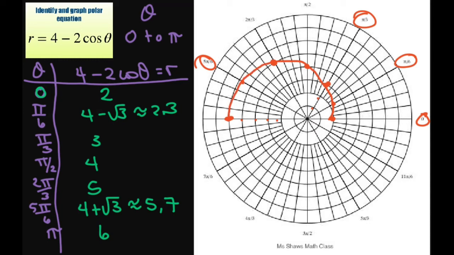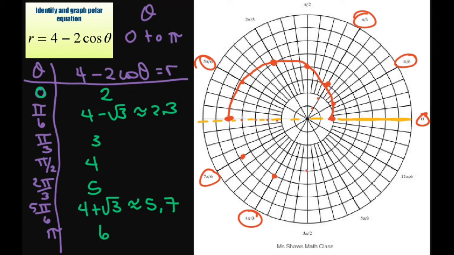Now we know it's symmetric to our polar axis here. So we can just swing it back around, and I'm working backwards. So here we're going to go to 5.7. So very close in. At 4 pi divided by 3, we're going out to 5. At 3 pi divided by 2, we're going out 4.